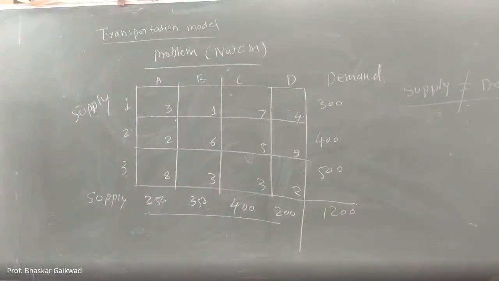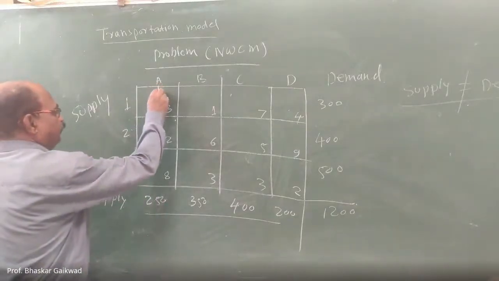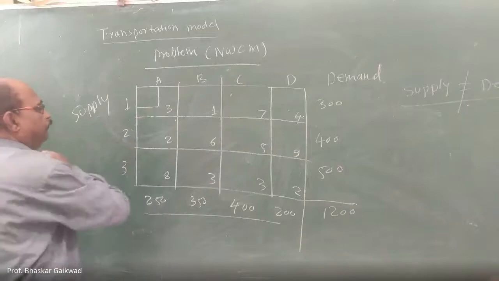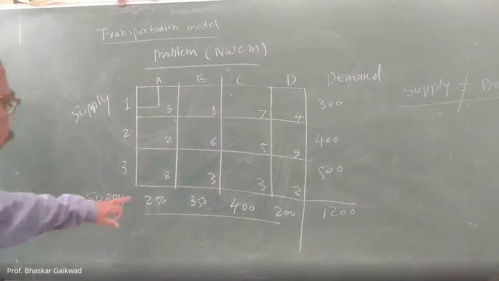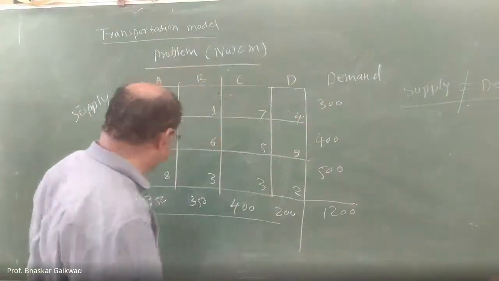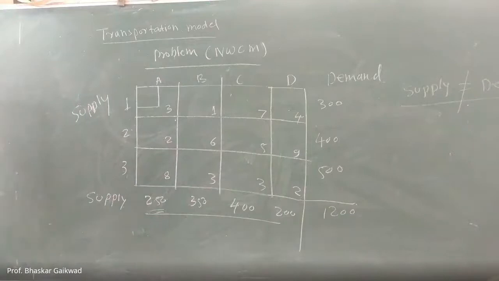You select this, so this is our northwest method. Now after that, see the demand and supply. Which is the minimum? 250 or 300. 250 is the minimum, so you write 250 there.